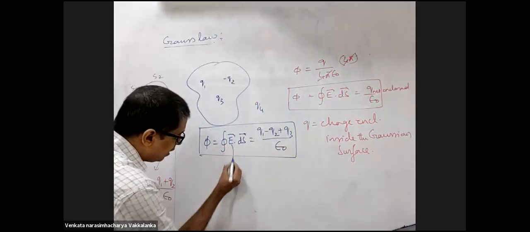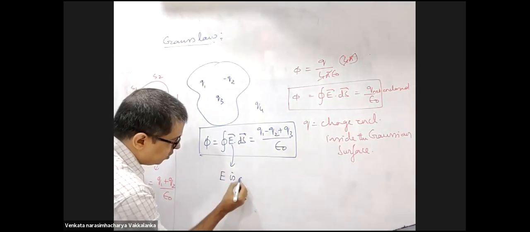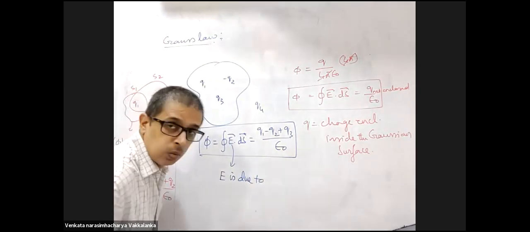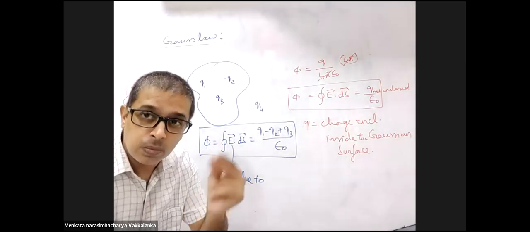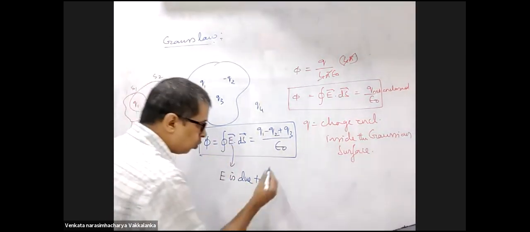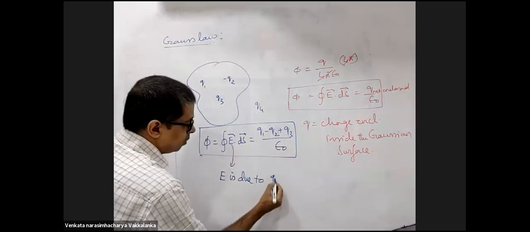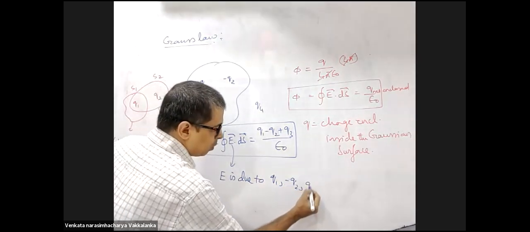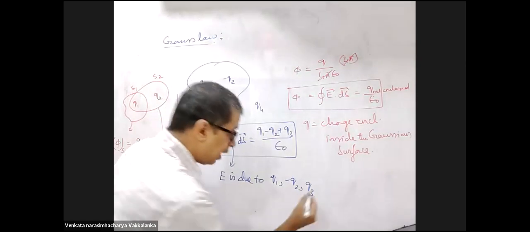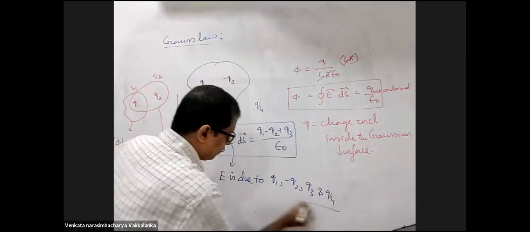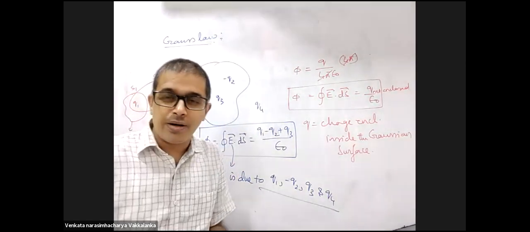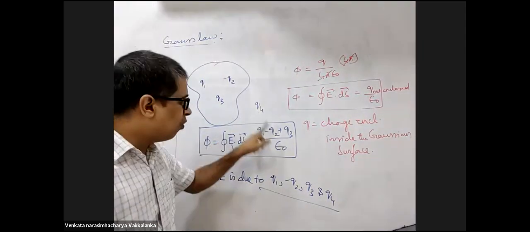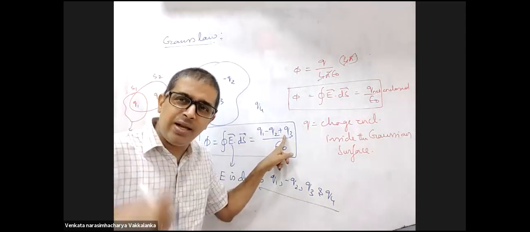The field is due to all charges Q1, minus Q2, Q3 and Q4. क्या बोल रहे हो यार? Q4 तो आपने इक्वेशन में लिया ही नहीं.